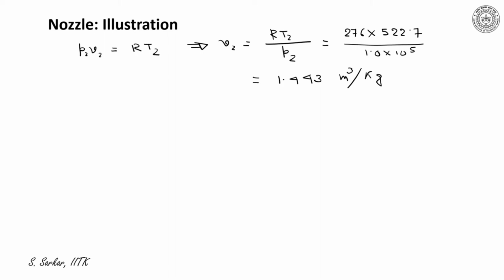Hence, from the continuity equation, what will I get? M dot, the mass flow rate, into specific volume at 2 is equal to A2, the area of the nozzle at exit, into V2, the velocity at the nozzle exit.